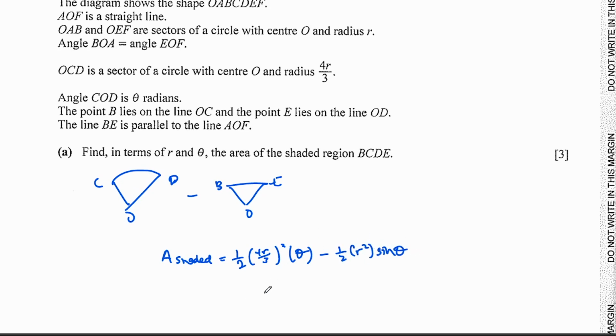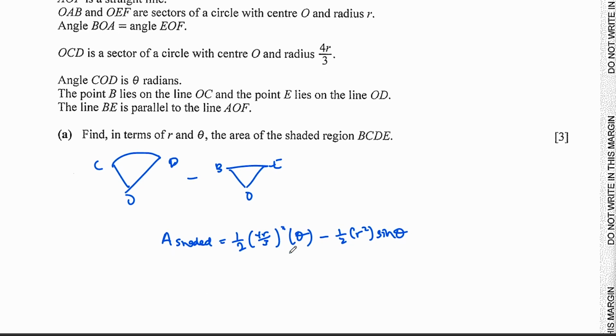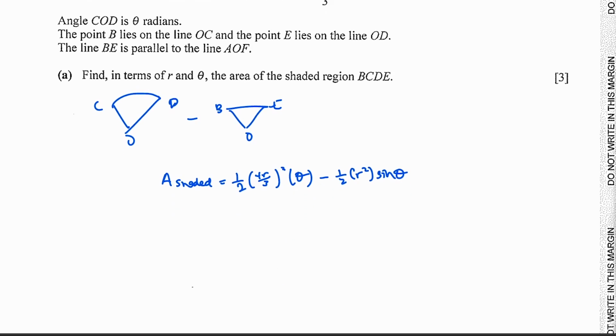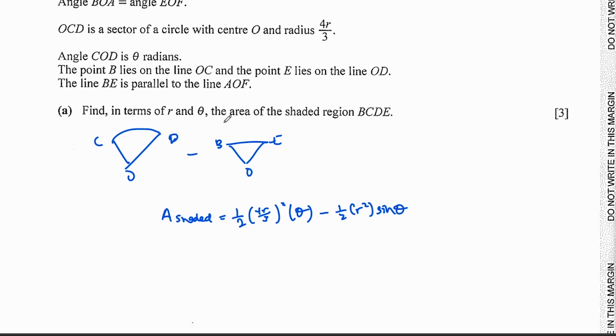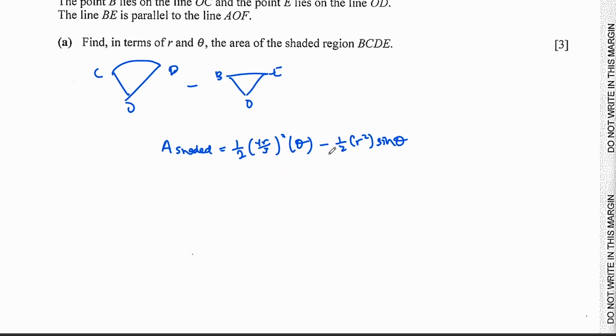Right, so that's the triangle formula, and we can just leave it like this since we are finding in terms of r and theta. Maybe if you like, you can simplify a bit: 8/9 r squared theta minus half r squared sine theta. Okay, sorry, 8/9.